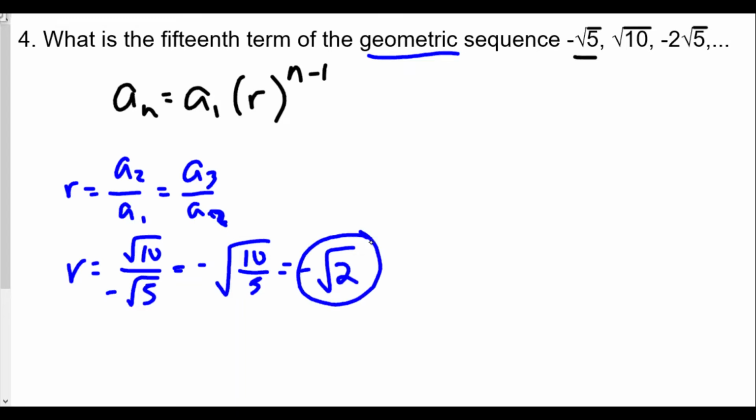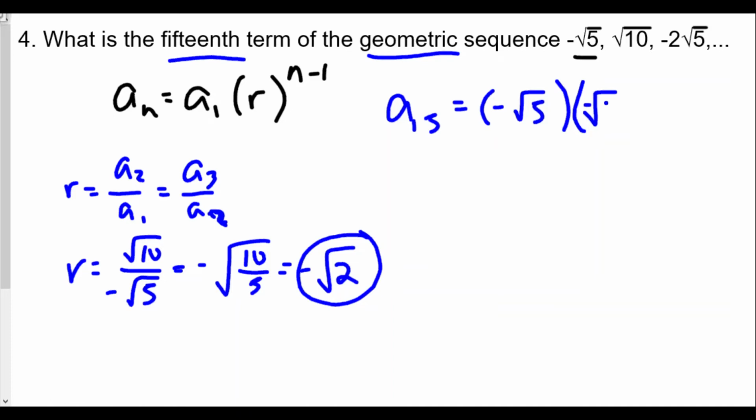Our a1 is negative square root of 5, and we're looking for the 15th term. So a15 is equal to a1, which is negative square root of 5, times r, which is negative square root of 2, raised to the 15 minus 1.